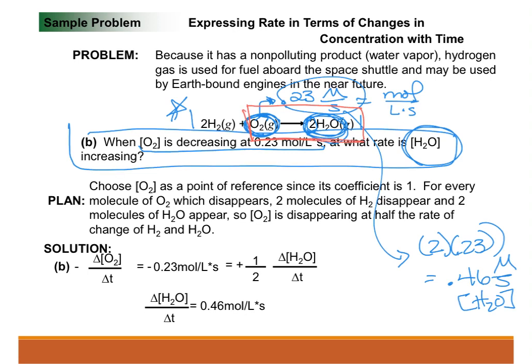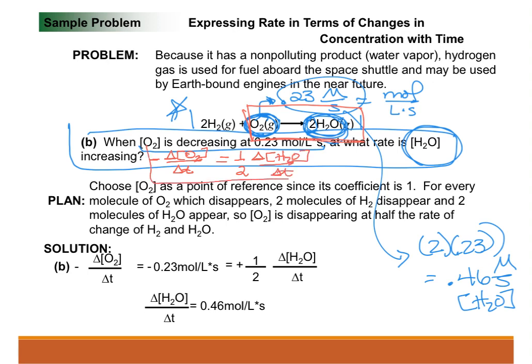So I'm going to rewrite those. Change in concentration of oxygen per unit time, and that's a reactant, so I'm going to remember to put the negative sign there, equals 1/2 change in concentration of water per unit time.